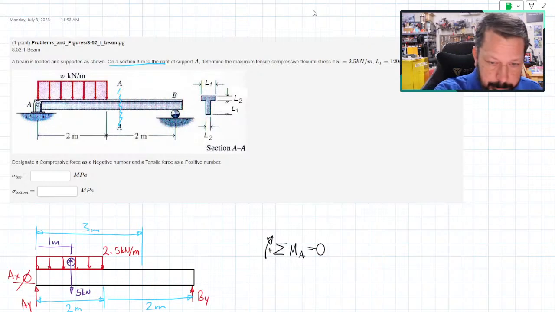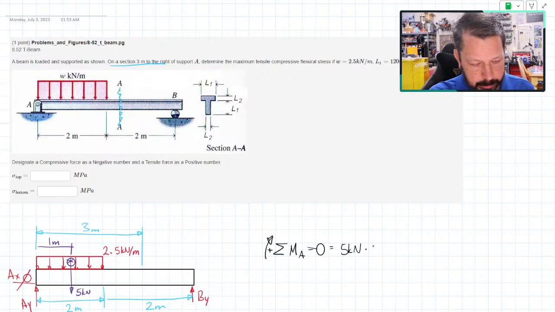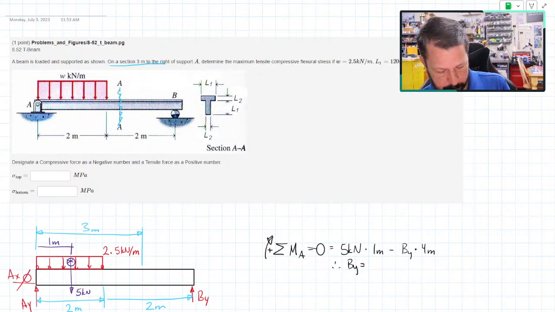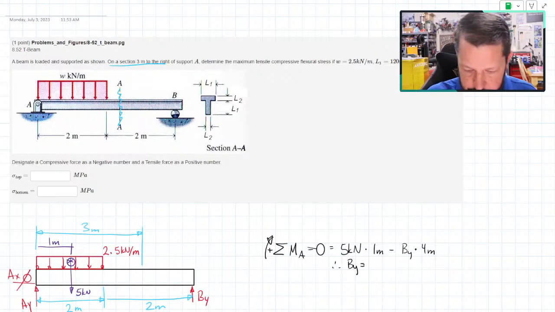All right, so that will create a 5 kilonewton force with a 1 meter moment arm, and then minus BY times a 4 meter moment arm equals 0. Therefore, BY equals 1.25 kilonewtons.